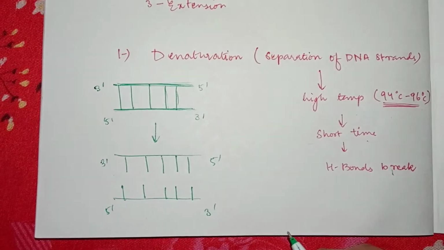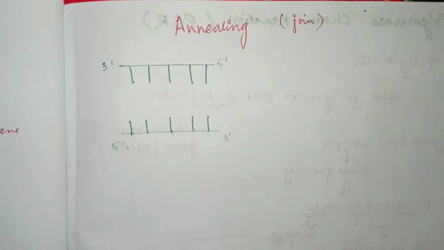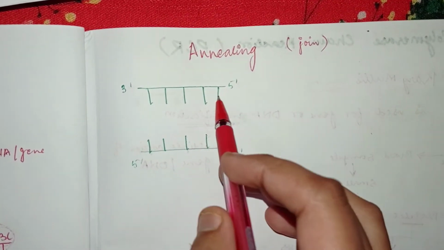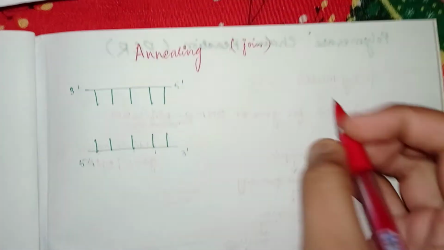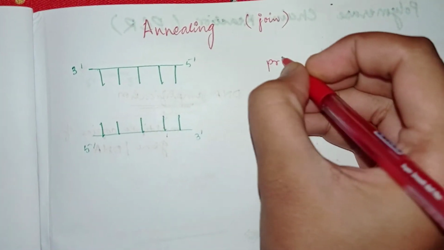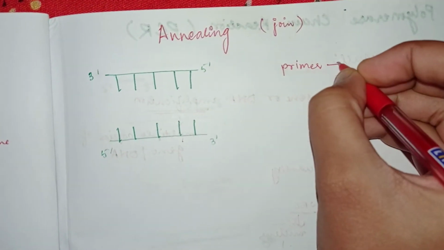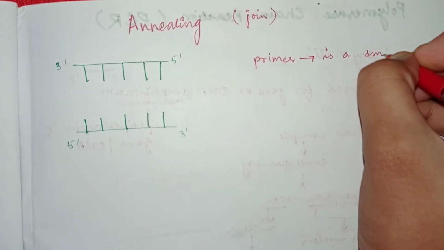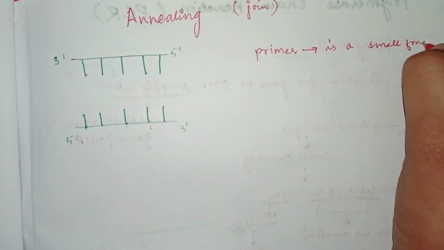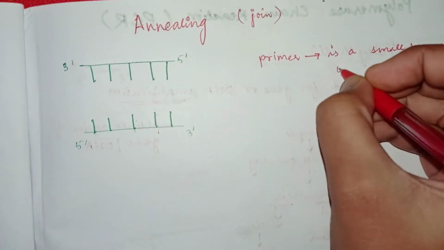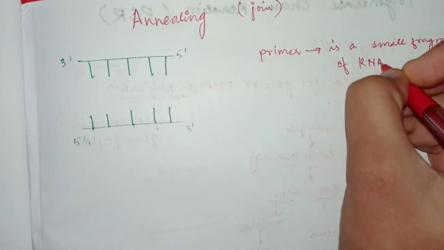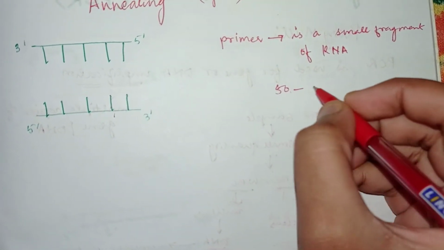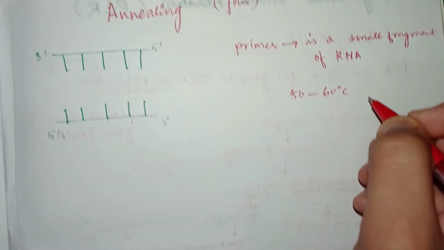So now the next step is going to be annealing. Annealing means to join. Here the separated DNA strands you can see. So here we need primer. Primer is a small fragment of RNA. And here the temperature is taken about 50 to 60 degrees Celsius.